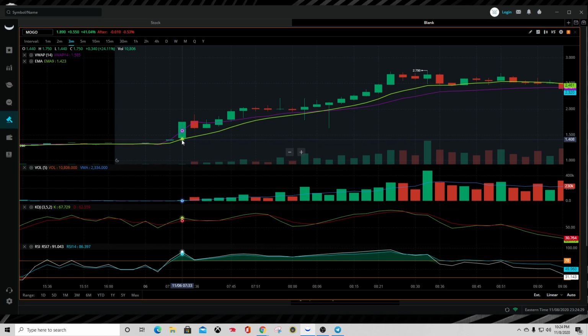So I said, well, the prior close was around 134, I believe. So I said, well, I can either stop out right here on this trend line, or I can stop out on the prior close. I chose to stop out somewhere right in here, around 140. And I entered.